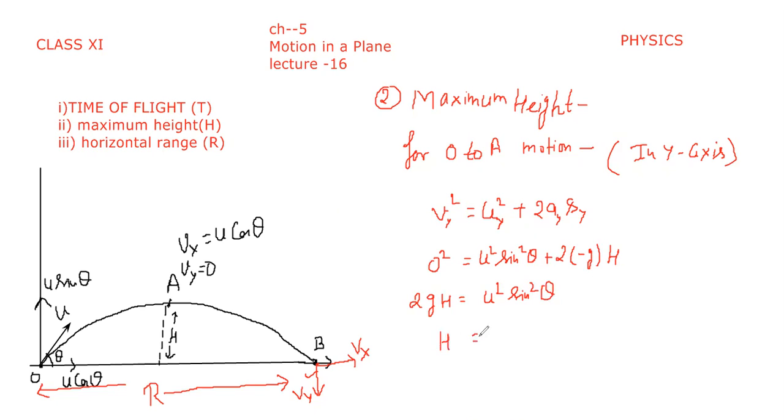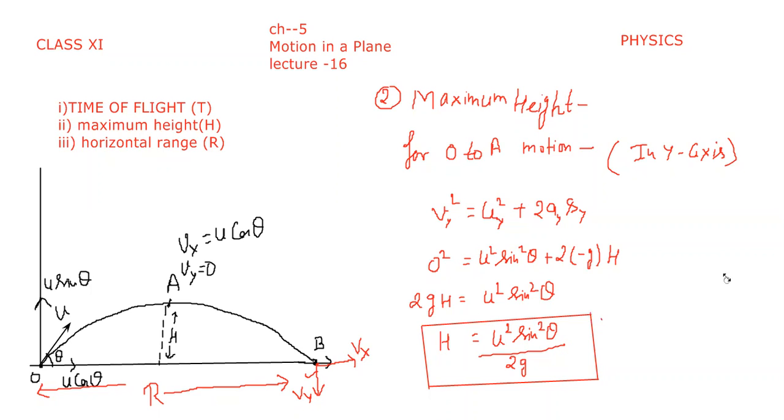So finally, H equals u square sin square theta upon 2g. Is this formula clear or not? Tell me. H equals u square sin square theta upon 2g.